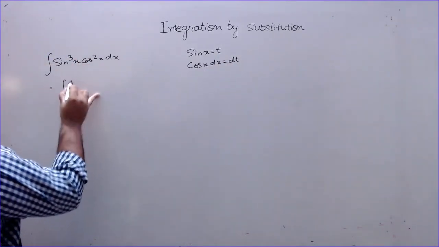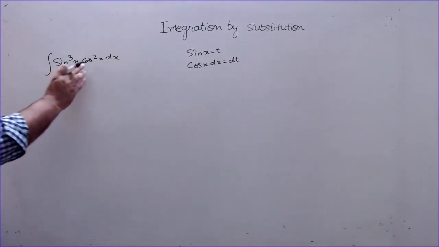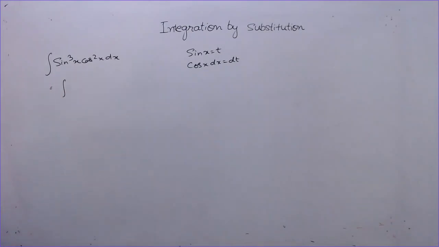Now here we have cos square x. So you can solve the question by another method also. If you do it like this, then you will have to write either one of cos in terms of sin square x, or sin has to be converted into cos square x.